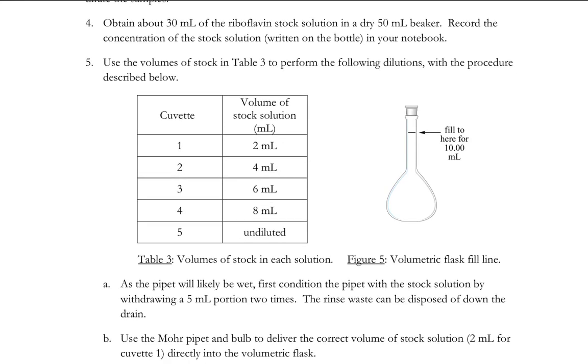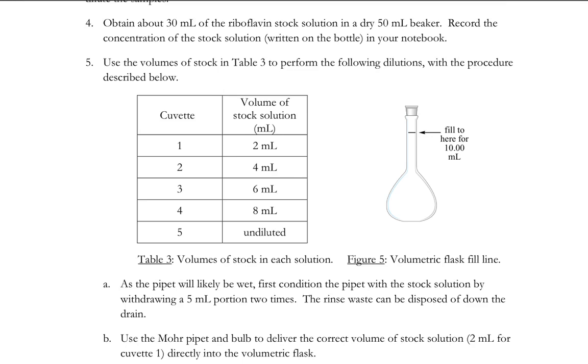In cuvette or test tube 1, we're going to take 2.00 mLs of the stock solution and, actually, we will put it in this volumetric flask. So we will measure 2 mLs of the stock solution, we will put it into the volumetric flask shown in figure 5.